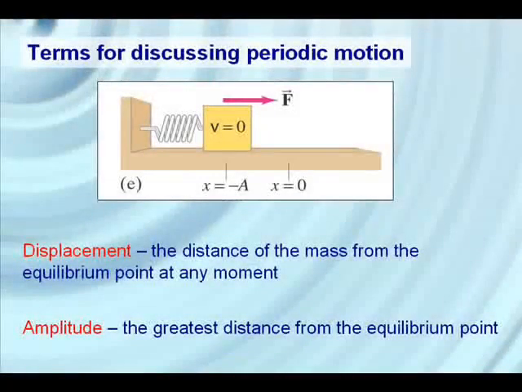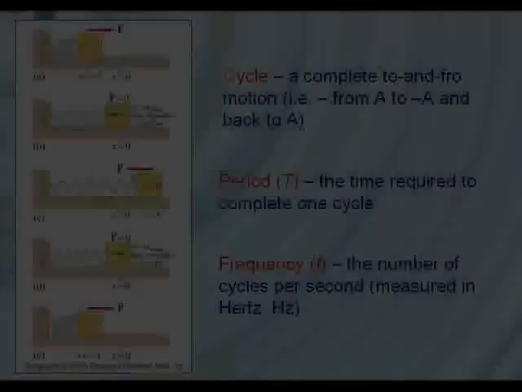The displacement is a term we've been using since yesterday, but we know what it means. It's the distance of the mass from equilibrium at any point. Very good. The amplitude is the greatest distance from the equilibrium point. So your maximum displacement is your amplitude.